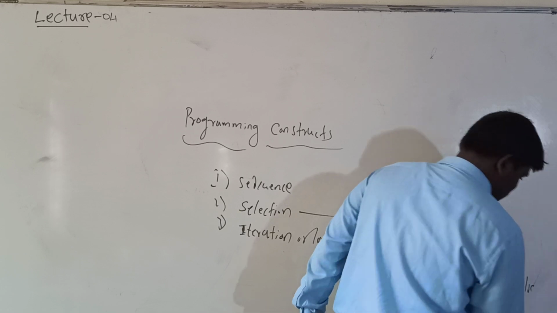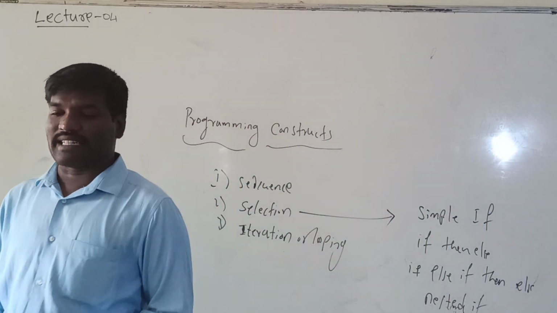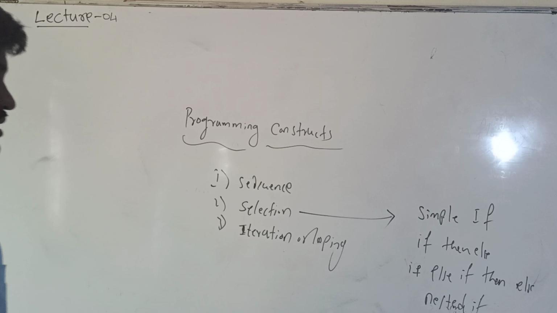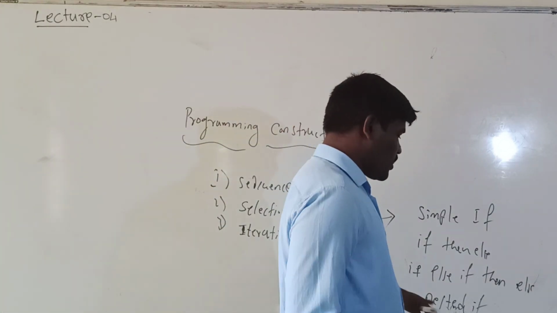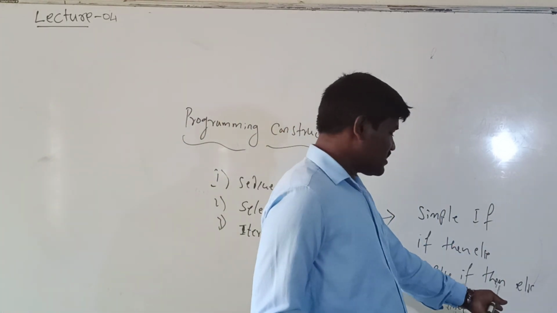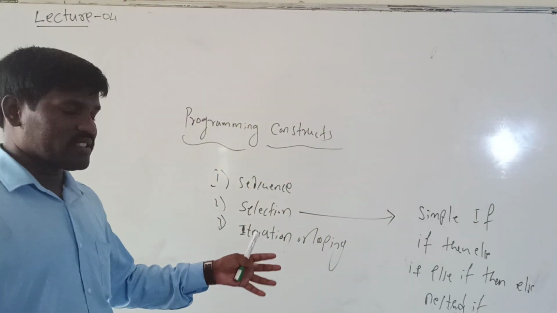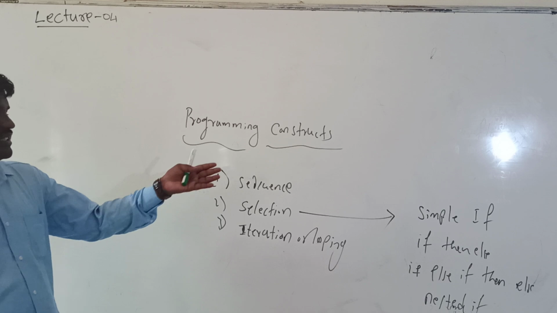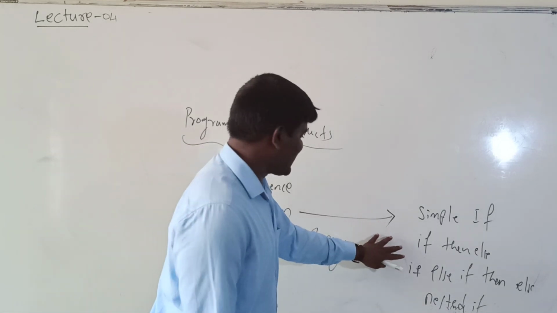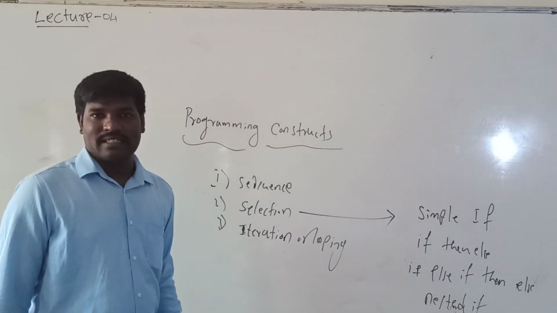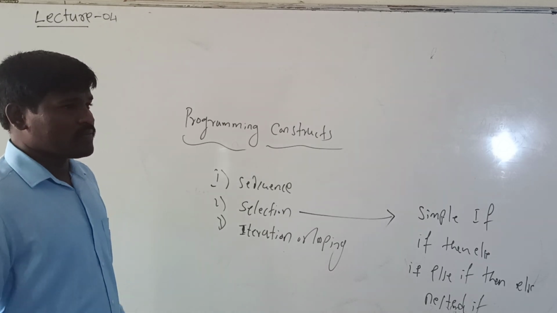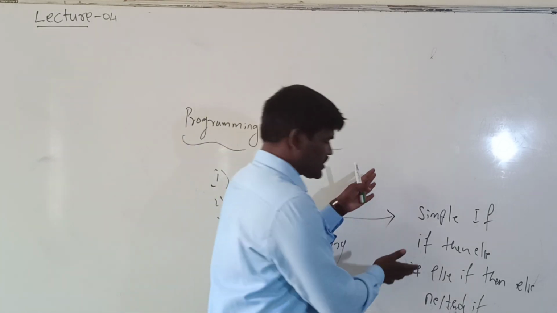It is also called switch, selecting from the alternatives. So these five are the selection constructs. In which situation do we have to use these five?